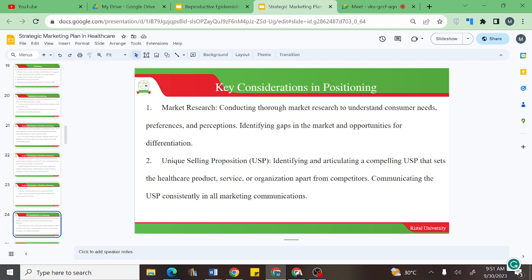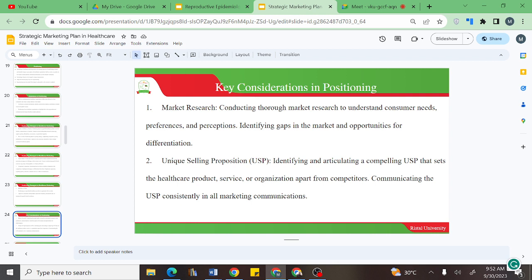So before you decide to position yourself, before you decide to choose the image that you want to portray to your potential clients, you may need to look at the following. One is market research. You need to understand what people are saying about your healthcare organization.